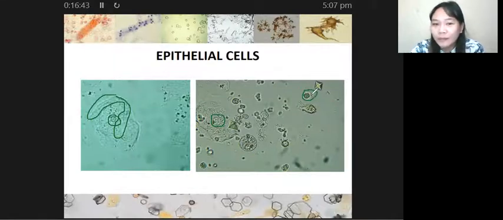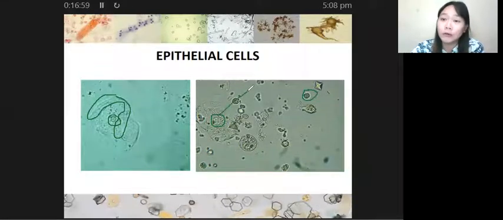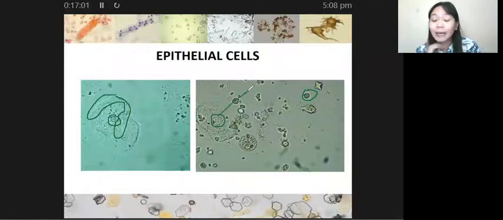Very obvious actually because you can see the biconcavity of your RBC. So if you are going to compare the size, kung i-compare natin yung size, approximately the same po yan. Alright, so that's why pwede din po nating gamitin yung nucleus ng ating squamous epithelial cell to determine nga kung RBC or hindi yung isang karatig or yung malapit na cell sa kanya.